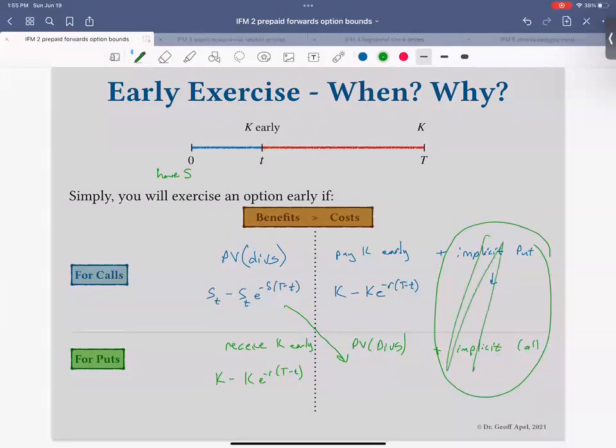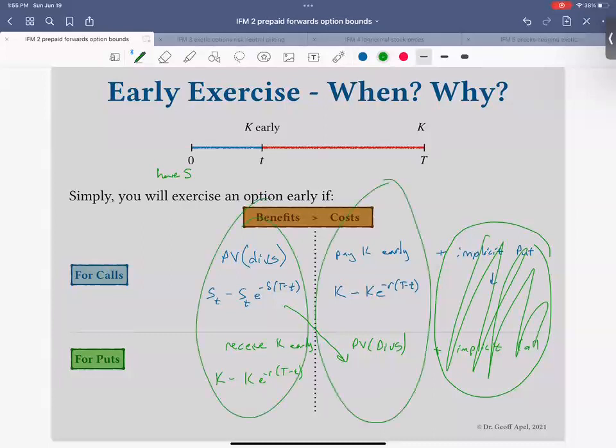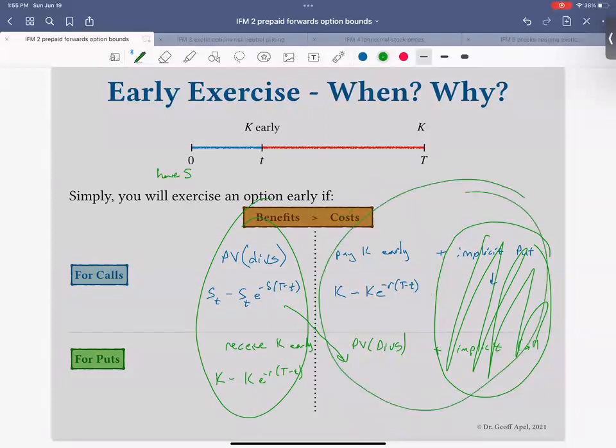Because if I don't know it, then I don't have all the information to tell whether this was greater than this. I really would need to know that, but I might not know all that. So the best I can do is say it might be optimal to exercise early. I would just need to know how much those were before I could really tell you the answer. So that's kind of the issue here.